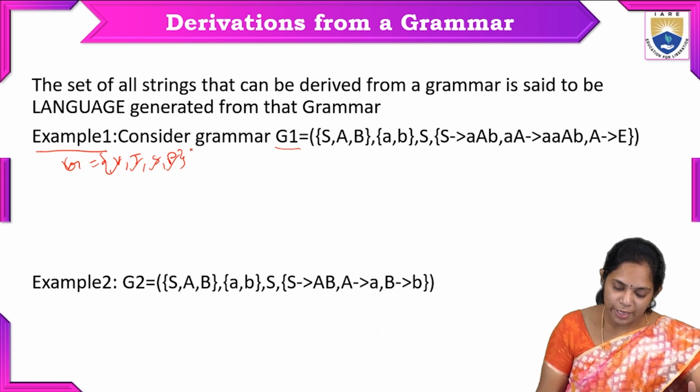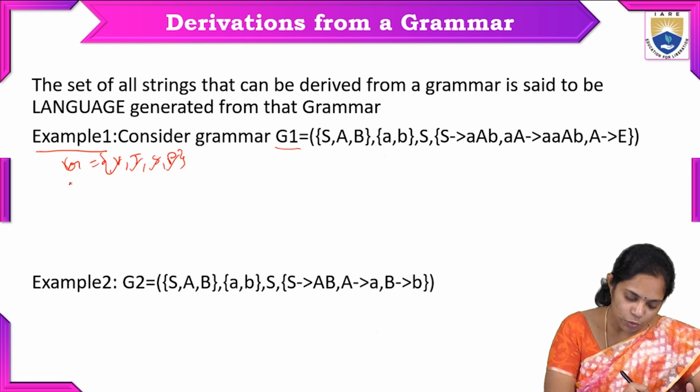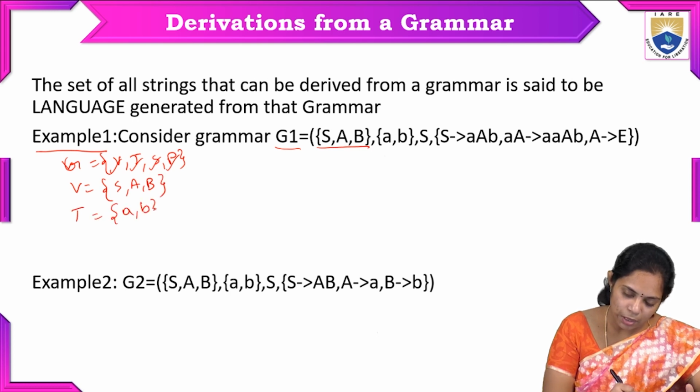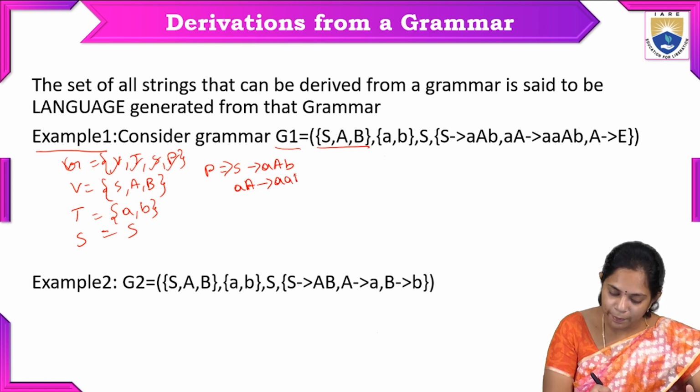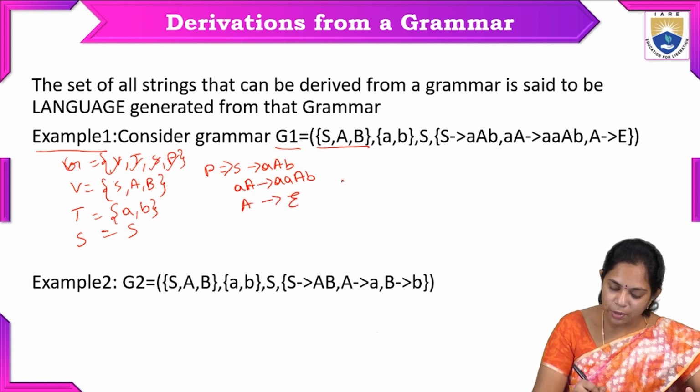So V is equal to the non-terminal set {S, A, B}, the terminal set is {a, b}, and S is the start symbol S. The production rules are S tends to AB, A tends to aB, and A tends to epsilon. So these are the production rules.